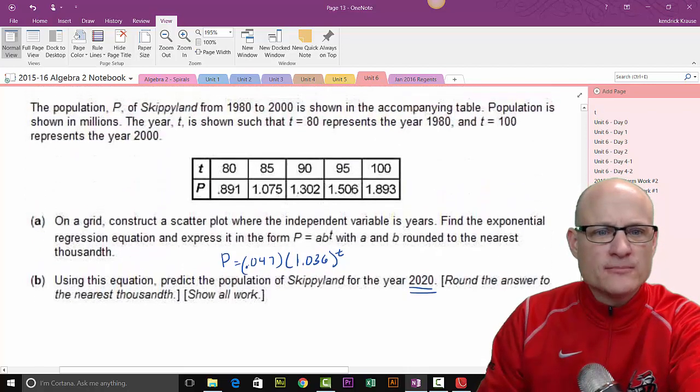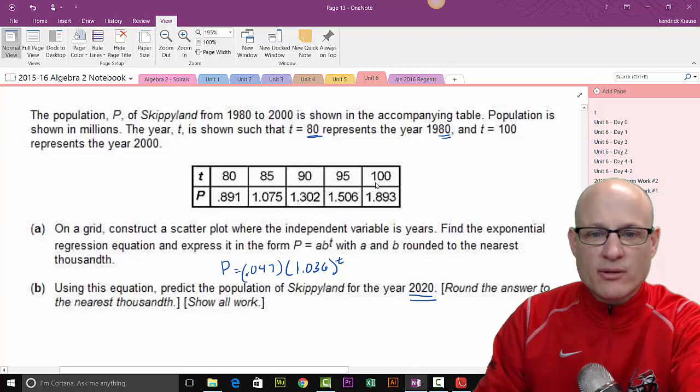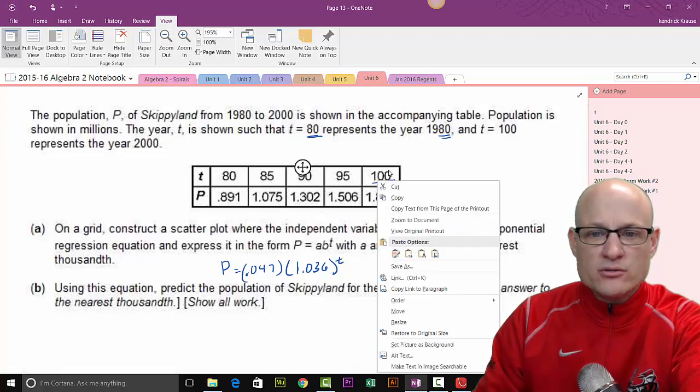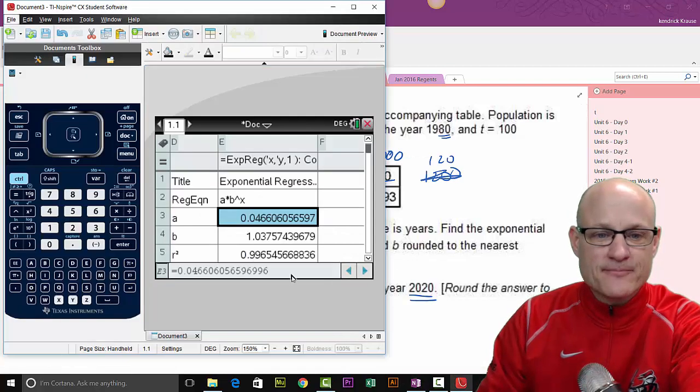Well, I've got to be careful here. Let's see. 1980 represents 0, and 100 represents 2000, and I want 2020, so that would be 120. So that's what I want to use for my T.